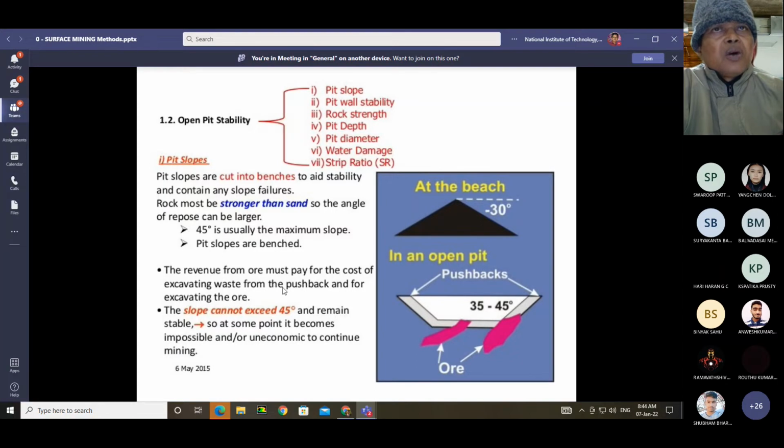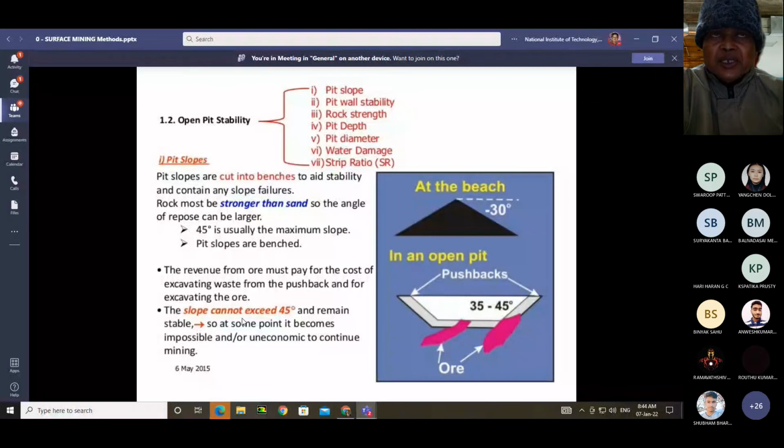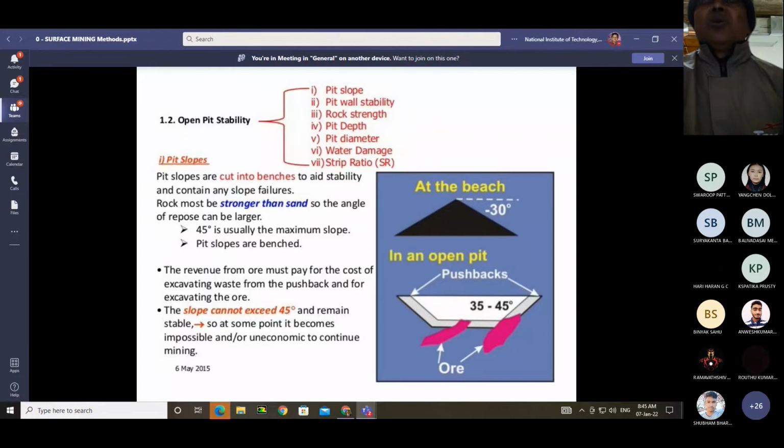This is the one aspect. Your profit is dictated by the grade of the ore. If the grade is high, you can go deeper also if you are getting the profits. And the slope angles cannot exceed 45 degrees. Slope angles cannot go beyond 45 degrees because of the stability point of view and the transportation point of view.